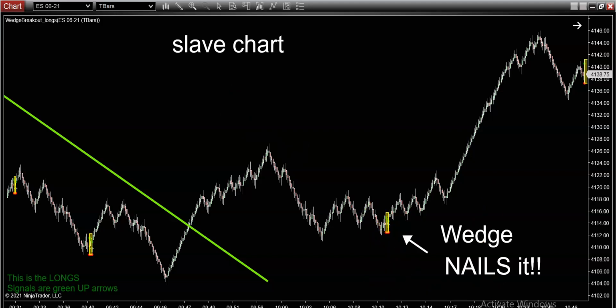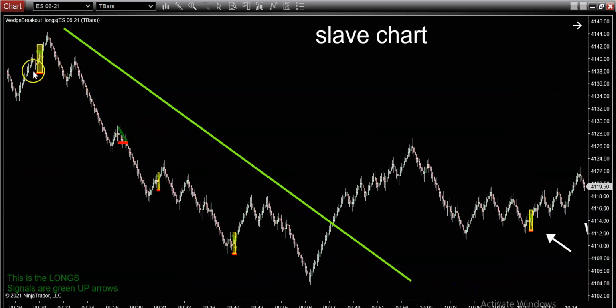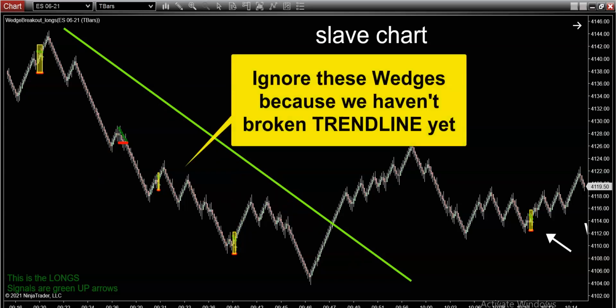And even more important, all right, I want to draw your attention to this, guys, and please try to follow along with what I'm about to say next. This is going to transform your trading. Watch this, all right? If I scroll to the left, you're going to see some wedges, right? You're going to see some bullish wedges. But it's underneath the master trend line.